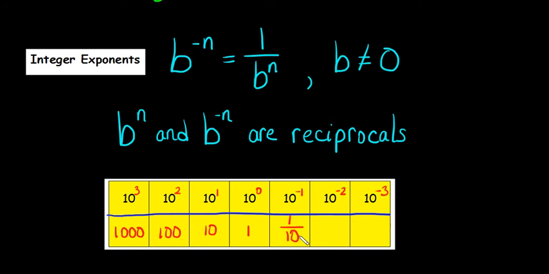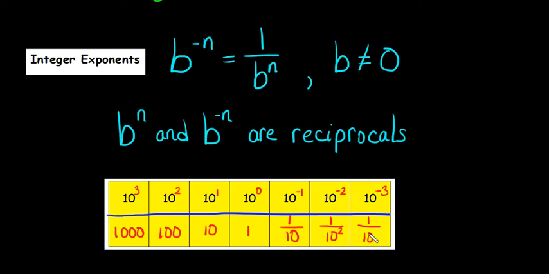And then 10 to the negative 2 power is 1 over 10 squared, because that's divided by 10 again. And then 10 to the negative 3 power is 1 over 10 cubed.